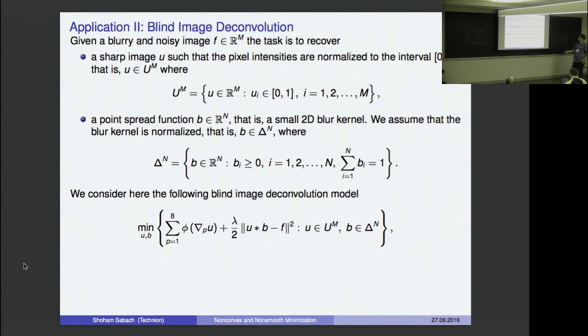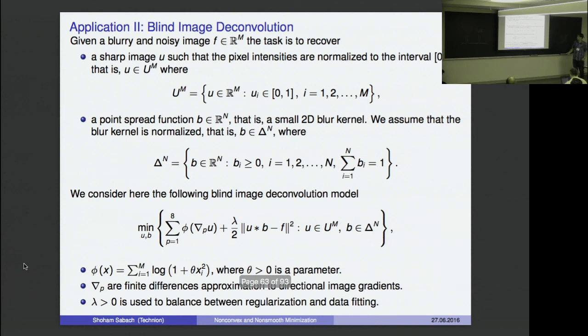So the problem can be formulated using this optimization model. The function phi is given by this formula, which promotes sparsity on the edges of the image, so lower function values mean sharper images.